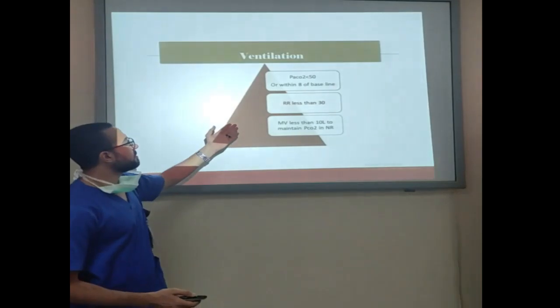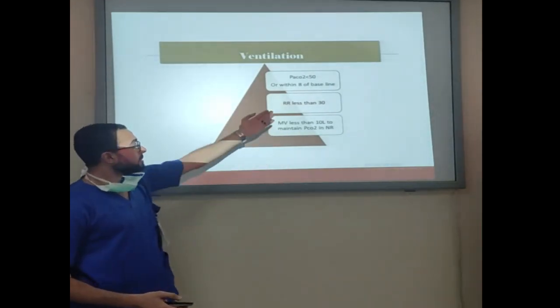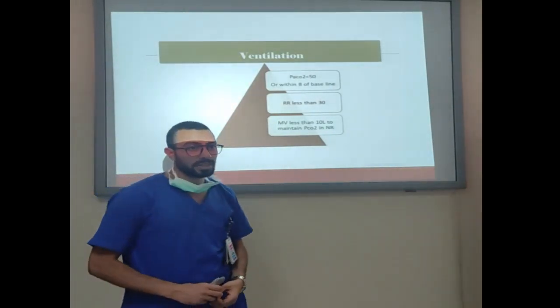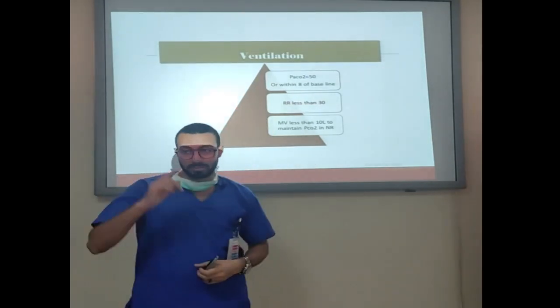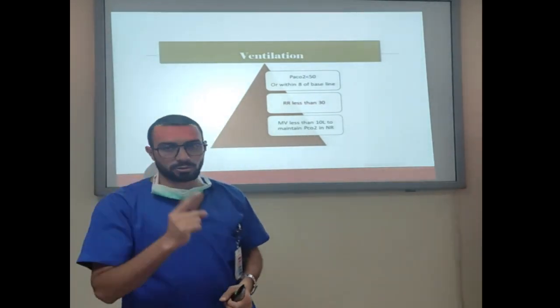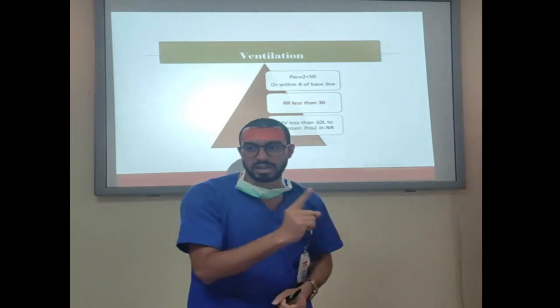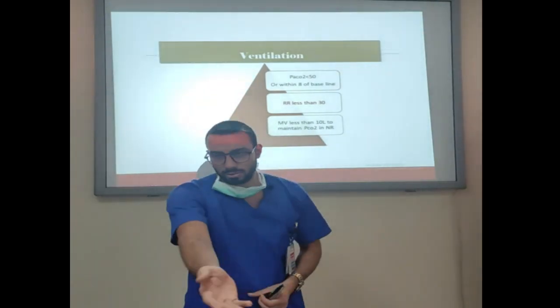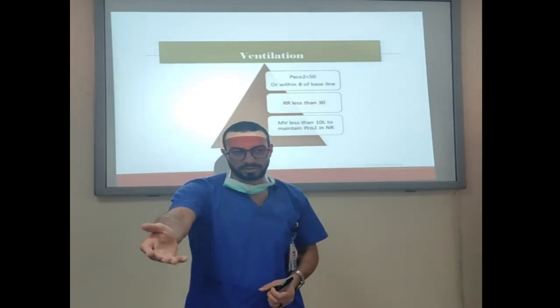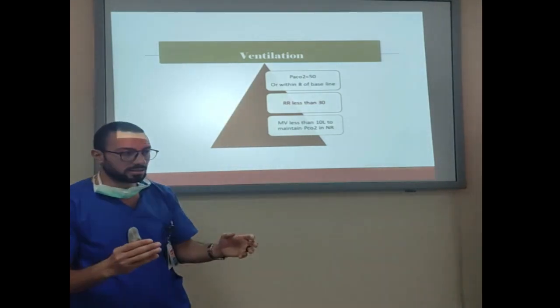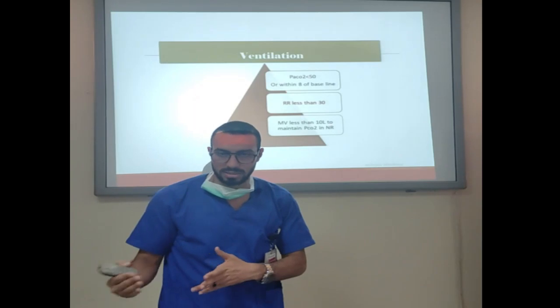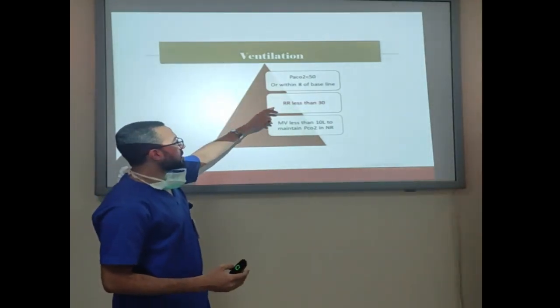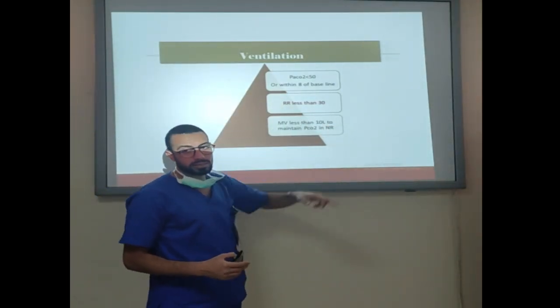Now we have the ventilation. PaCO2 should be less than 50. Remember the permissive hypercapnia? The normal PaCO2 is from 35 to 45, but you can permit up to 50, it's okay, because this is not a normal patient anyway, but not more than 50. So in the ABG, you see the CO2 is less than 50. So this is number one. Respiratory rate is less than 30.